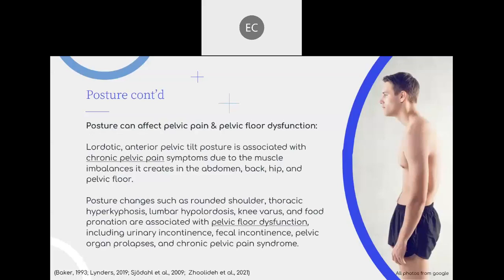Pelvic posture can affect pelvic pain and pelvic floor dysfunction. Lordotic anterior pelvic tilt posture is associated with chronic pelvic pain symptoms due to muscle imbalances created in the abdomen, back, hip, and pelvic floor.